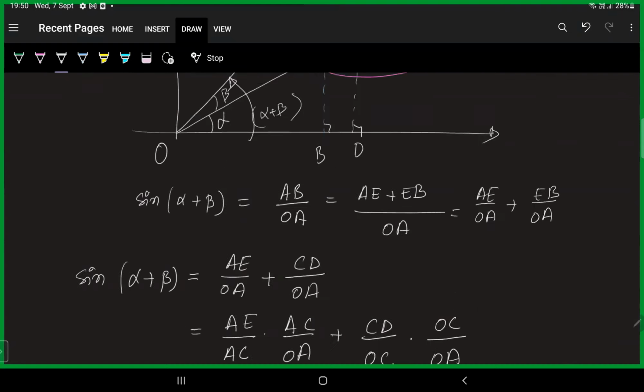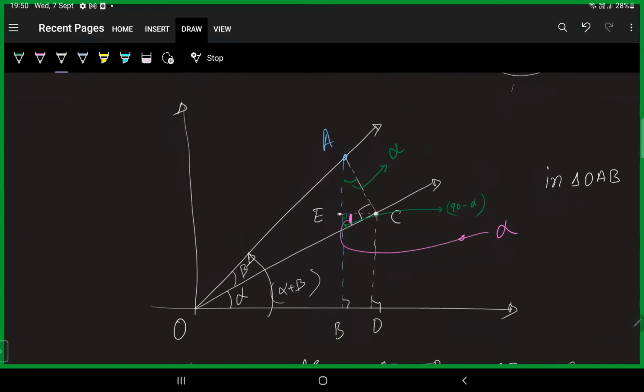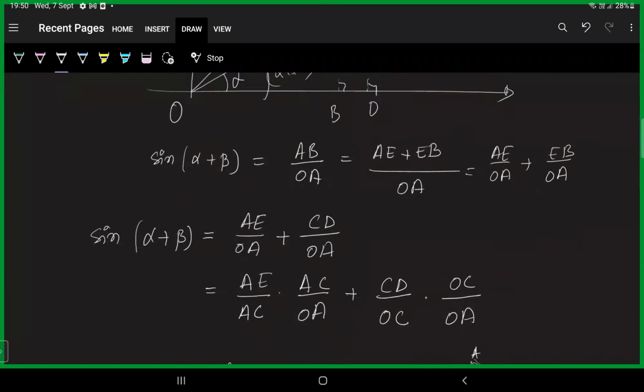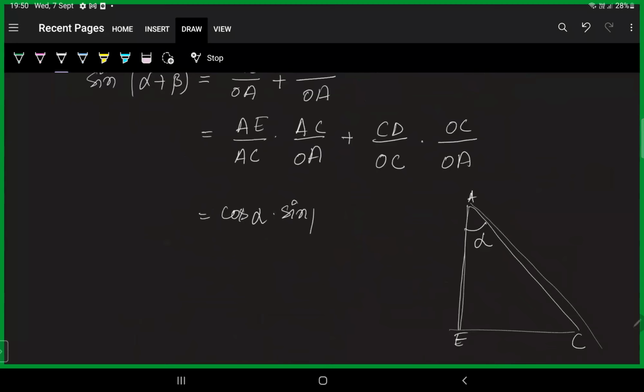Now AC upon OA. See, this is again 90 degree. Can you see this? This is 90 degree. This is your hypotenuse, and this is your sine beta, this angle. So this will be your sine beta into sine beta plus.